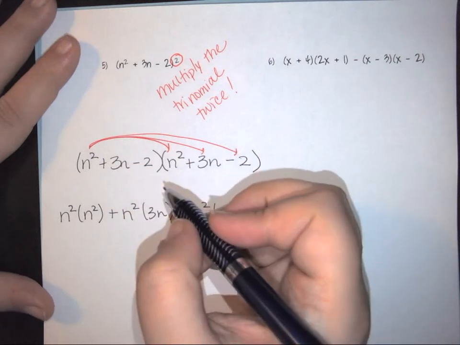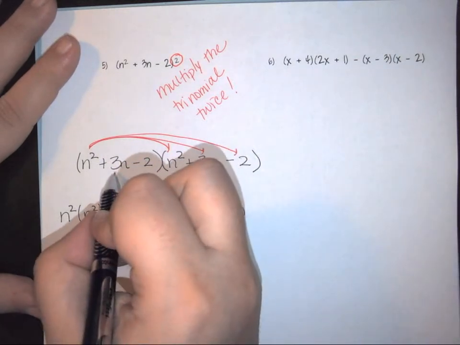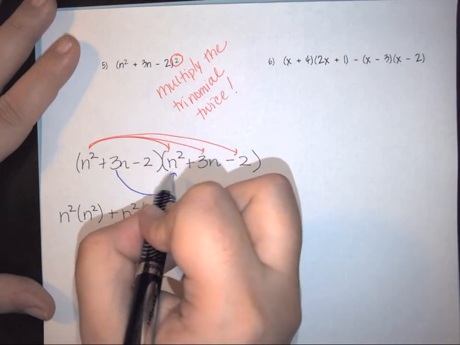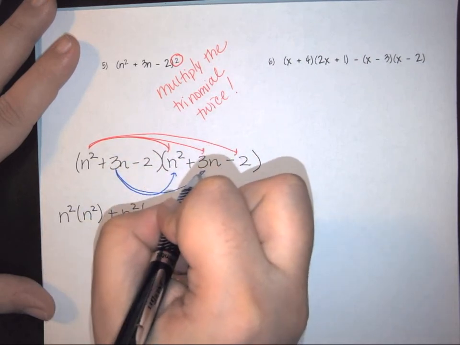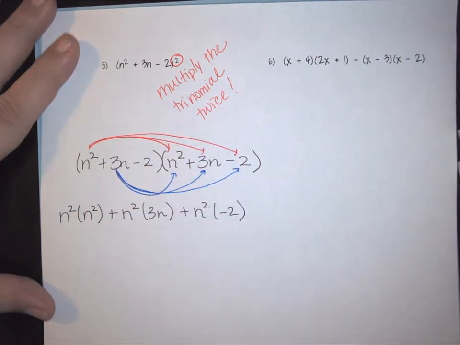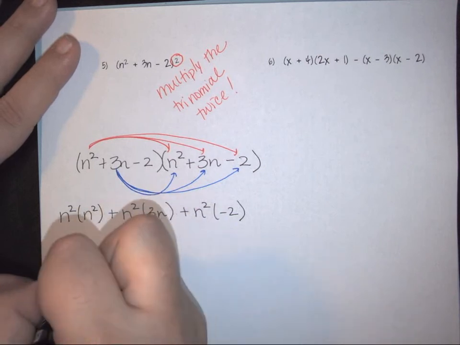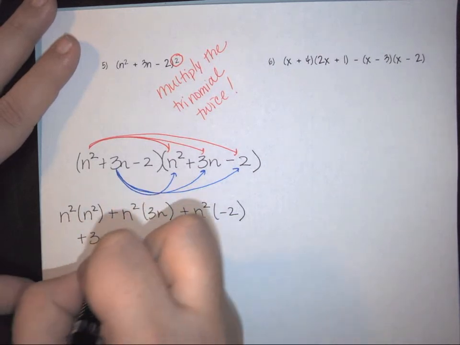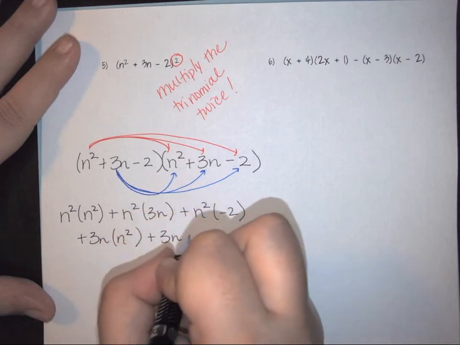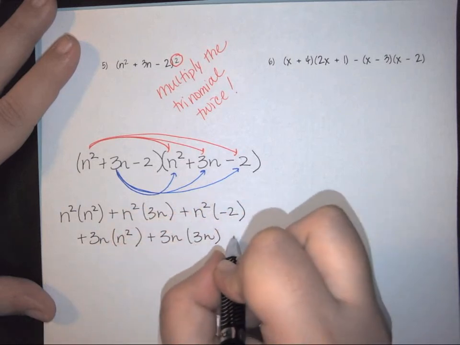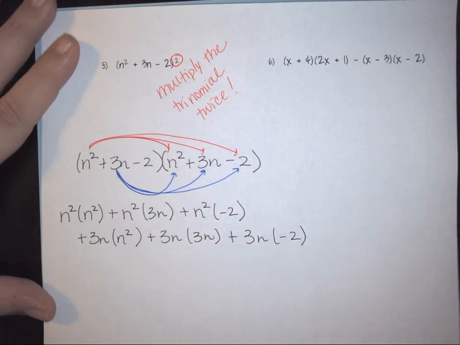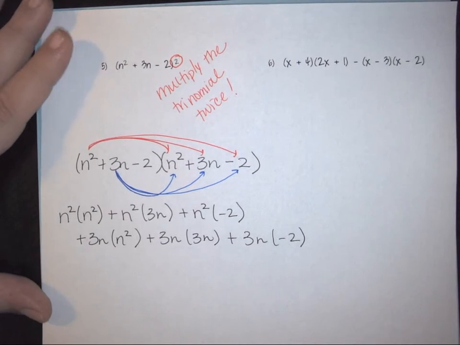I then have to take the 3n, and it also is going to go to all 3 pieces. So this is going to be my 3n times the n squared plus the 3n times your 3n plus that 3n times the negative 2. But hold up.